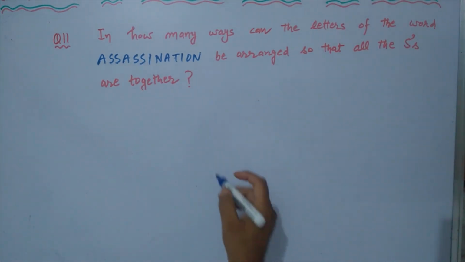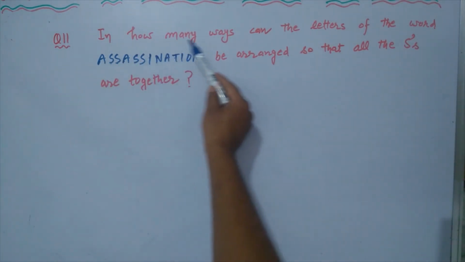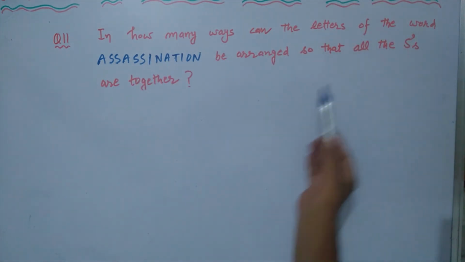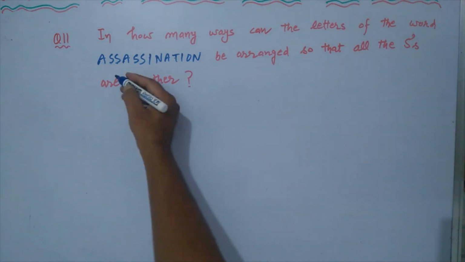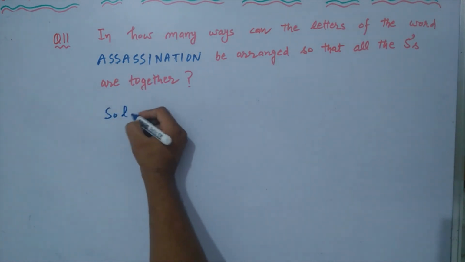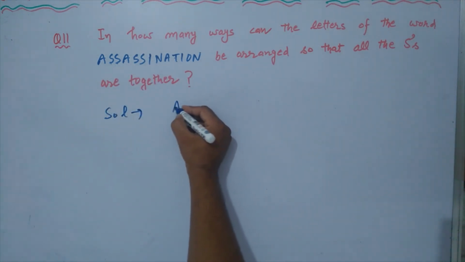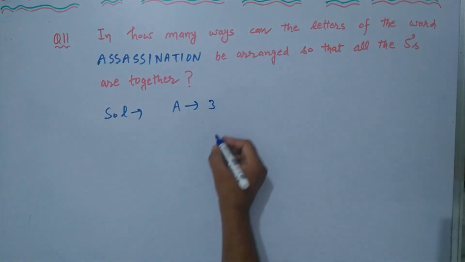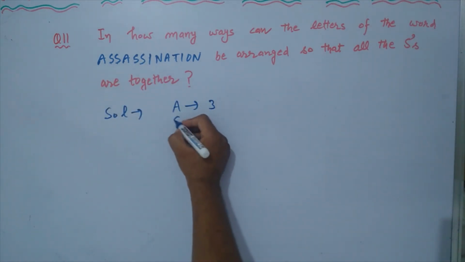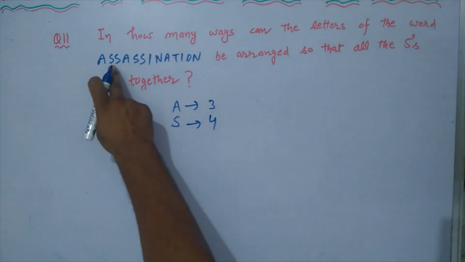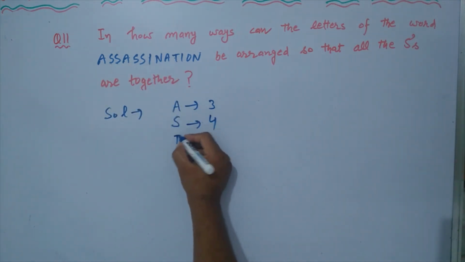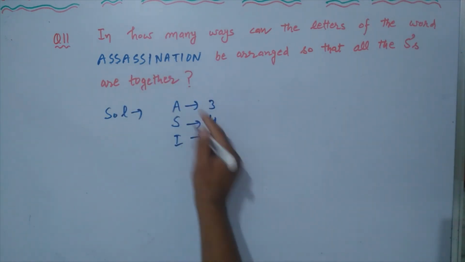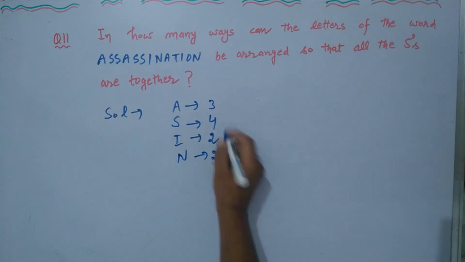Our last question, question number 11 is, in how many ways can the letters of the word assassination be arranged so that all the S's are together? So first of all, let us see the repetition of the letters. A is repeated 1 2 3 times, right? S is repeated 4 times. Next I is repeated 2 times. Next N is repeated 2 times.